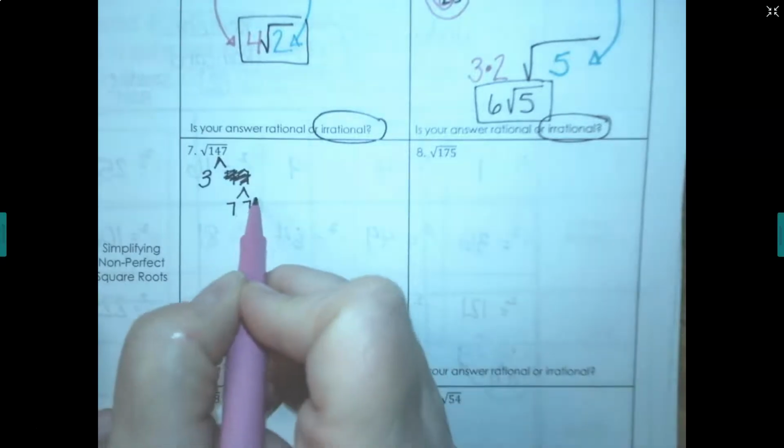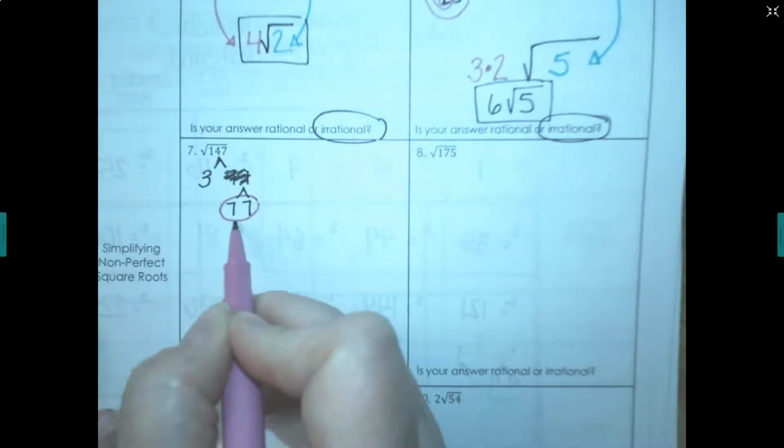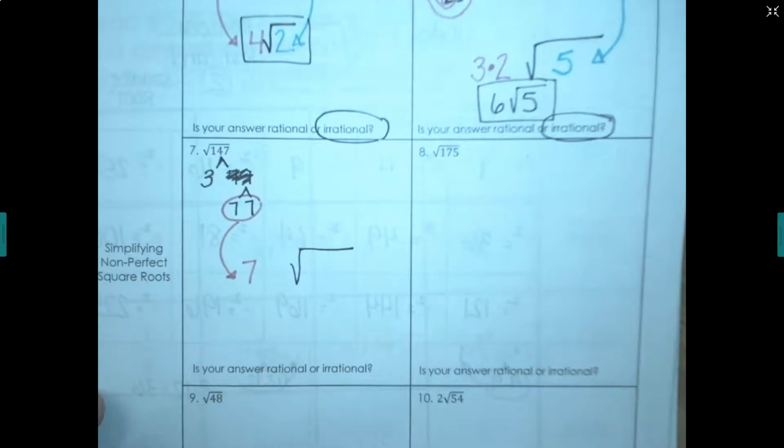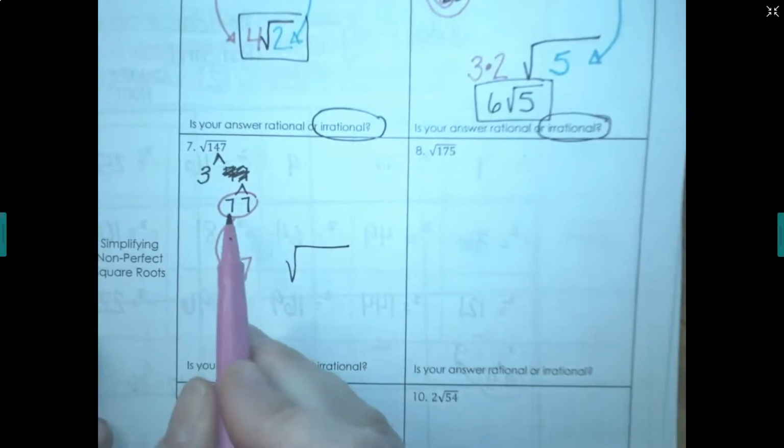Now I'm seeing a pair of numbers. I'm seeing 2 7s. You see right here? That means a 7 is going to come to the outside of the radical. So I'm going to write my radical in here. So when you have a pair, that means 1 comes out. And I have this 3. He's got nobody to pair with.